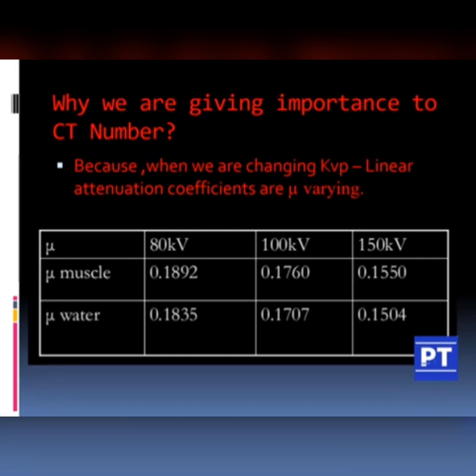For example, in this chart you can see mu for muscle as well as mu for water. What are the values when we give 80 kV, how much is the linear attenuation coefficient at 100 kV, and at 150 kV? From this it is clear that when we use different kVp, the linear attenuation coefficient varies.